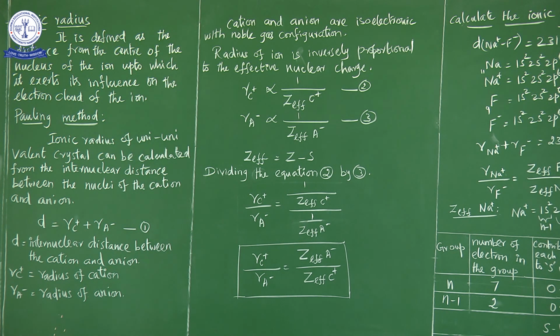Our attractive force, so electron cloud-ல last electron வரைக்கும் நம்ம influence produce பண்ணுது. That distance is known as the ionic radius. So the ionic radius is defined as the distance from the center of the nucleus of the ion up to which it exerts its influence on the electron cloud of the ion. That is ionic radius.